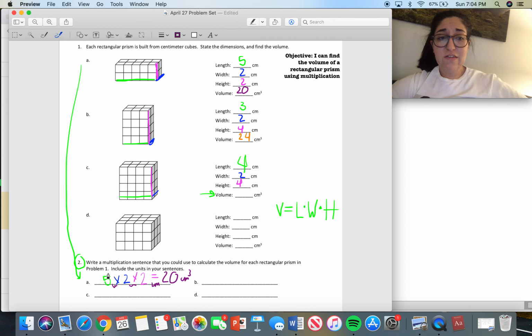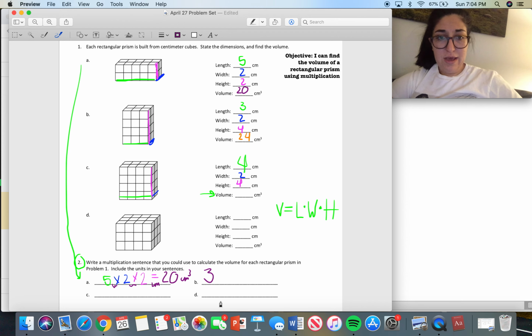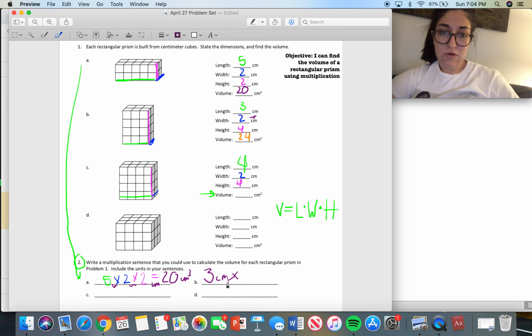So let's look at the next one, B. What's our length? I'm looking at this one, by the way. Our length is 3 centimeters. I always want to check because sometimes they try to fool you and make it like feet after everything is centimeters. Times, what's next? 2 centimeters.